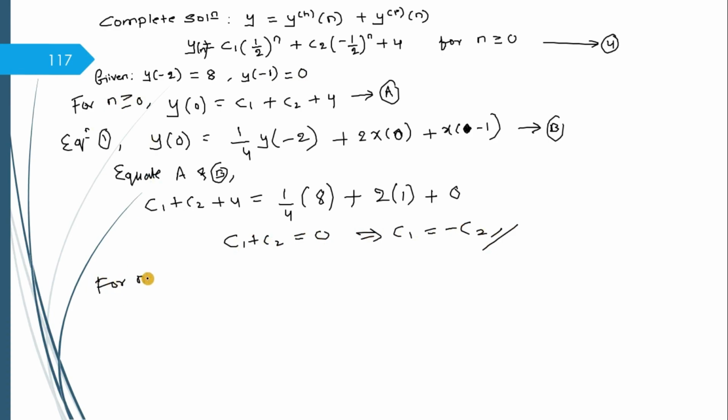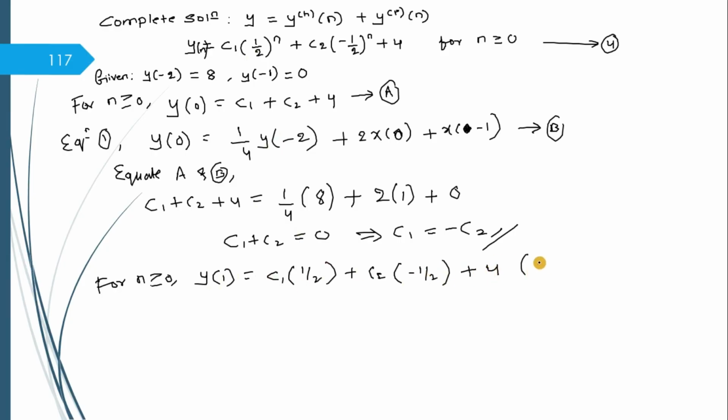For n greater than or equal to 0, because it is u of n, I substitute y of 1. So when I substitute y of 1, I get C1 into 1 by 2, C2 into minus 1 by 2, plus 4.